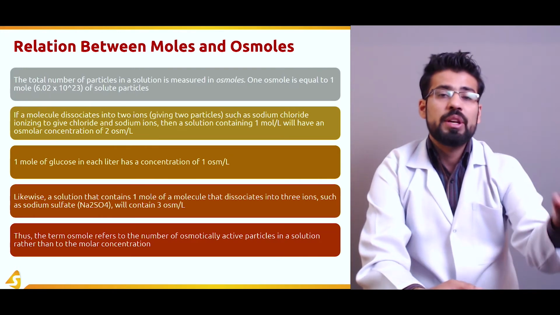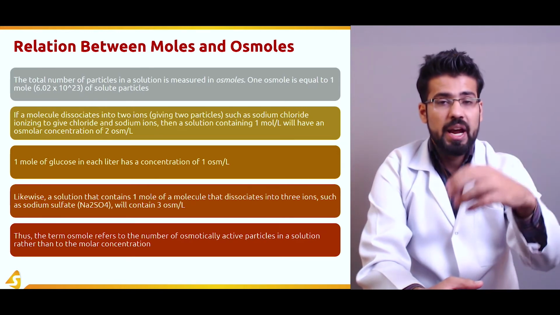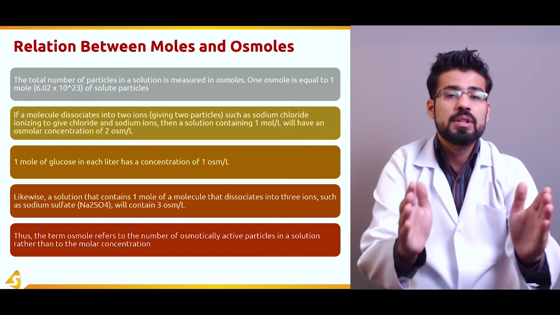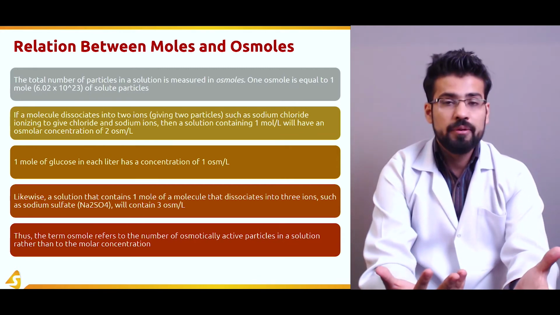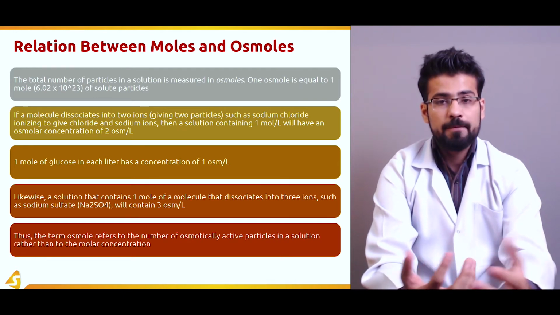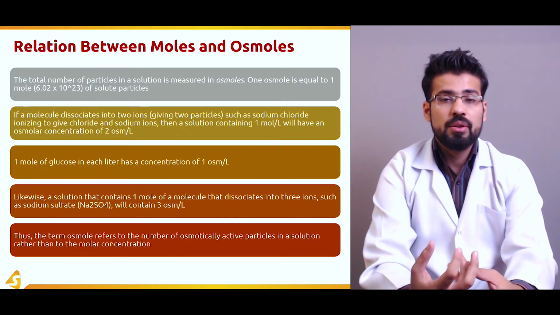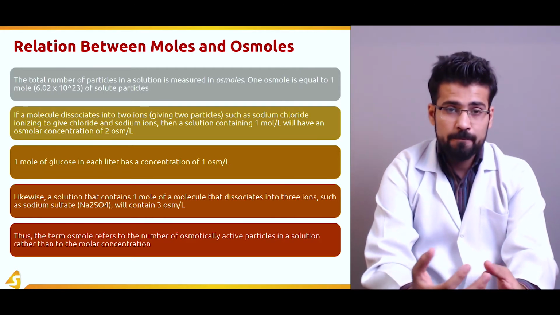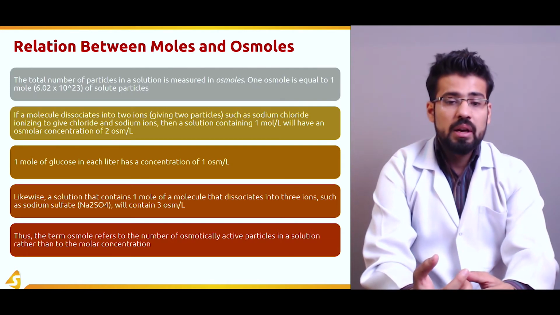What happens when you dissolve that 1 mole of sodium chloride into the water? It dissociates into sodium ions and chloride ions. So now there are two kinds of ions floating, right? One is the sodium ions and one is the chloride ions. The number of moles of sodium chloride remains the same, that is 1 mole.